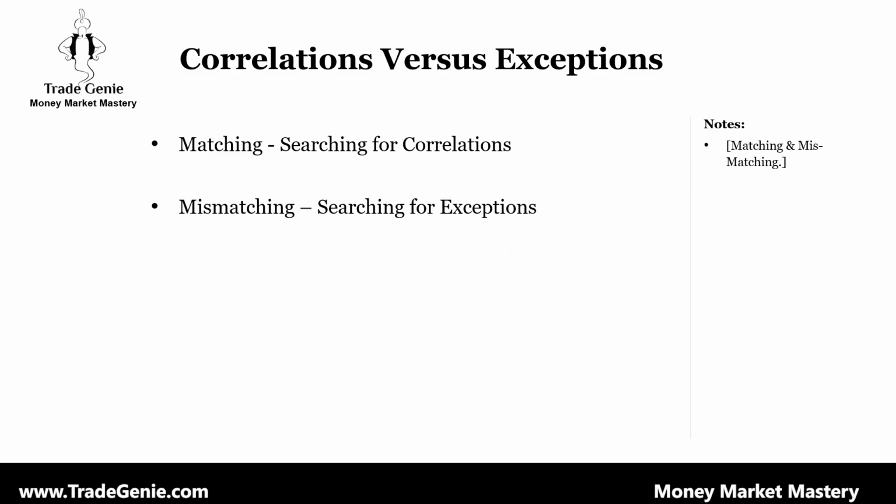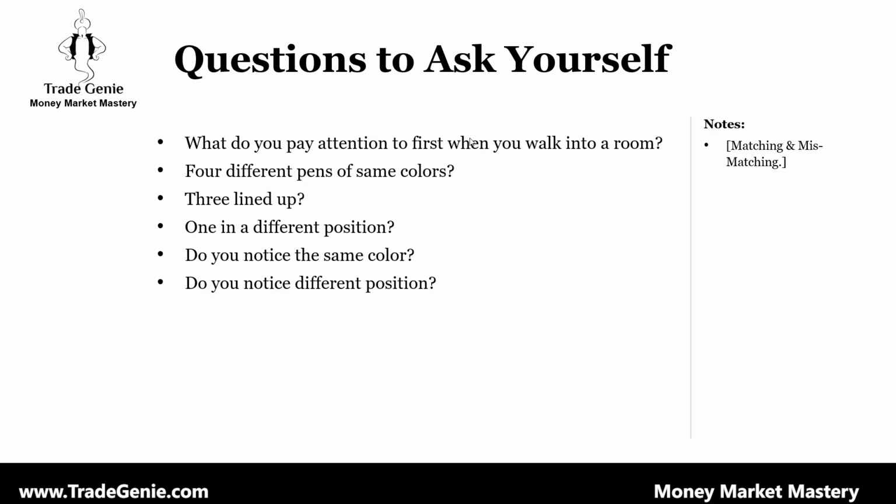The four are matching, and the 5th one is laying there not matching the other 4. If we are not trained to identify the mismatch, we miss out. The same concept applies in trading also: searching for exceptions or searching for correlation. Now we need to ask these questions to ourselves.